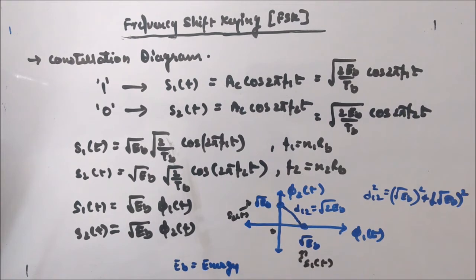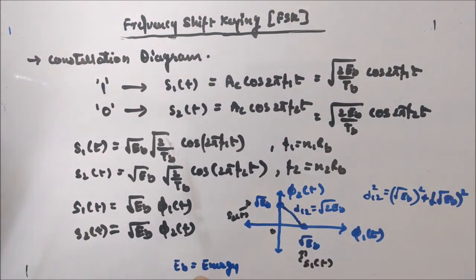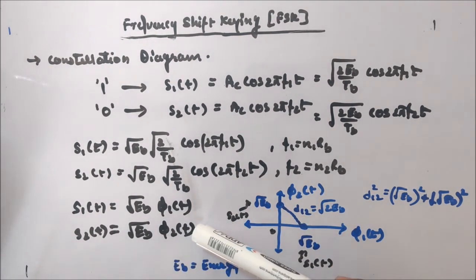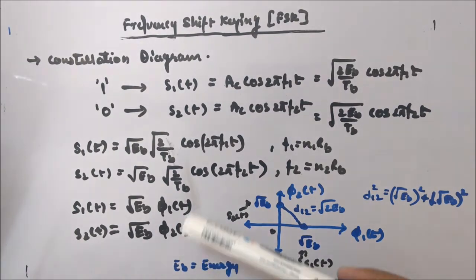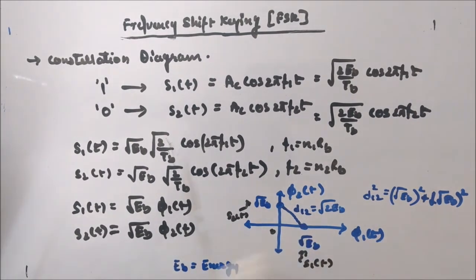That is, energy is Eb, the distance is under root Eb squared, and here also it is under root Eb squared, that is why energy will be Eb, and the distance you can calculate by Pythagoras theorem, d12 square is equal to under root Eb square plus under root Eb square, that comes out to be under root 2 Eb. Okay, so these are the things. The only change is previously you had only one unit energy function, now you have two, and you plot in the perpendicular direction like this.